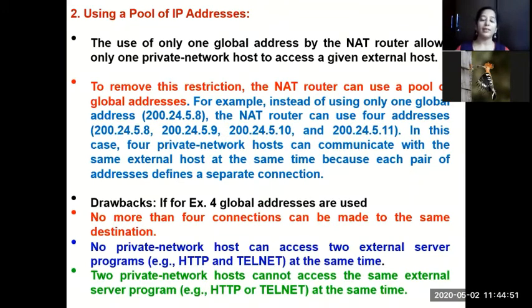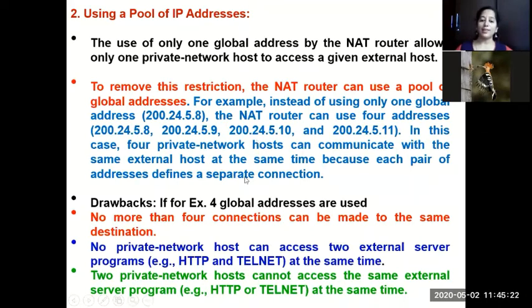So that means to say, 2 private network clients can't access a single server program at once, even if I have bought 4 connections. Both of them can't access the same Gmail server program together. Again, this problem arises because of a single port being used there.